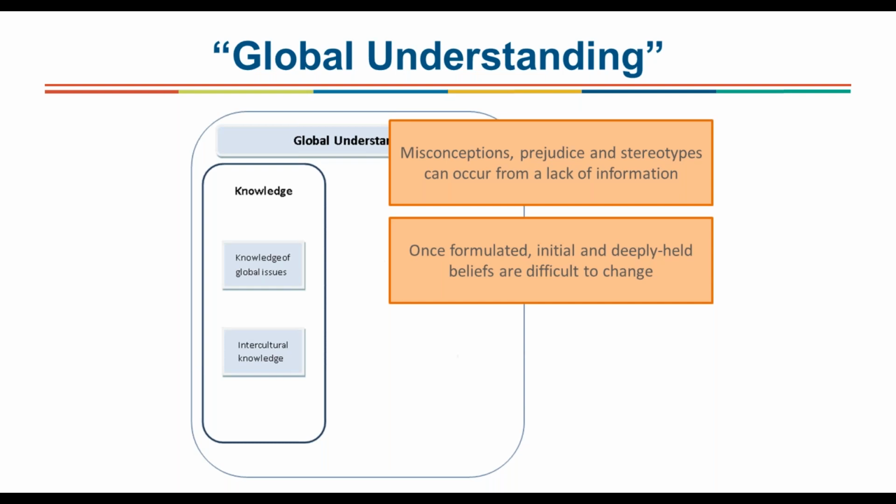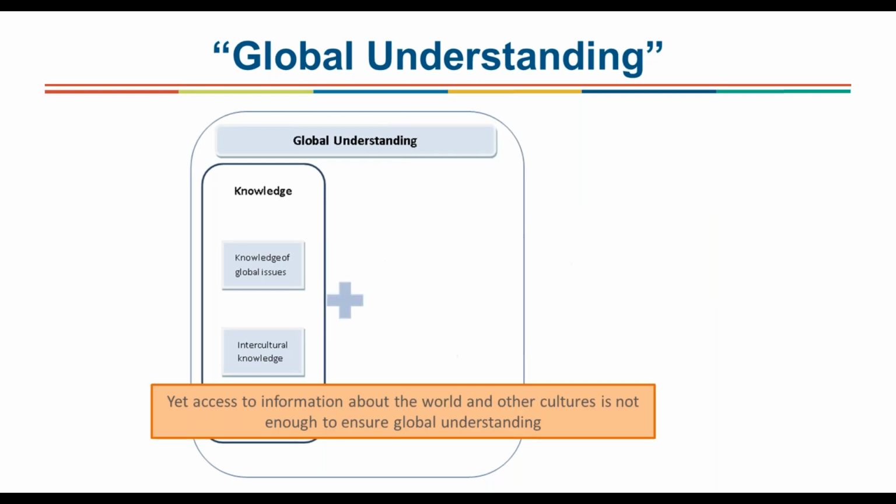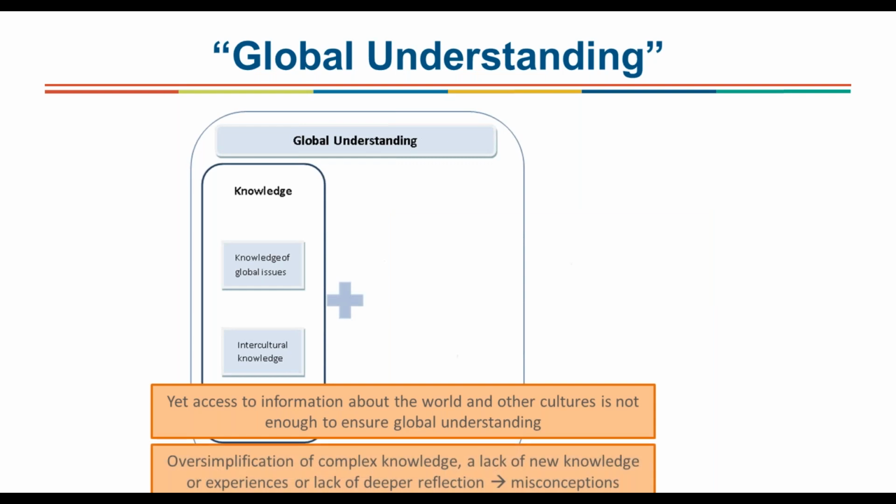But information alone is not enough to ensure that students achieve a level of global understanding. If complex knowledge is oversimplified, or simply if people don't have the opportunity to reflect more deeply upon new knowledge, then misconceptions can still occur, and stereotypes and prejudices can then still be formed.